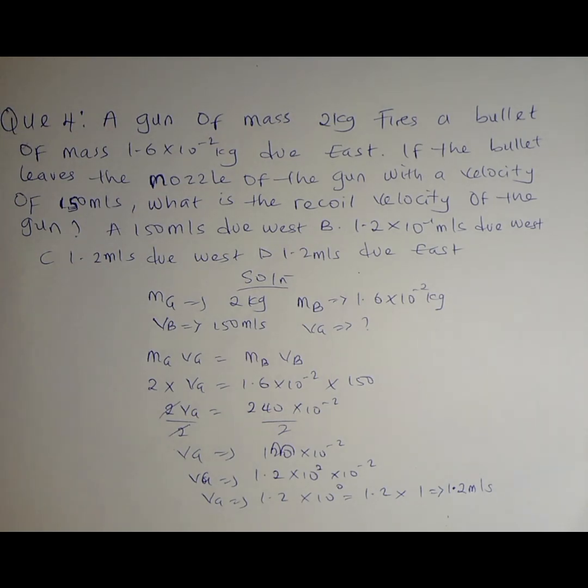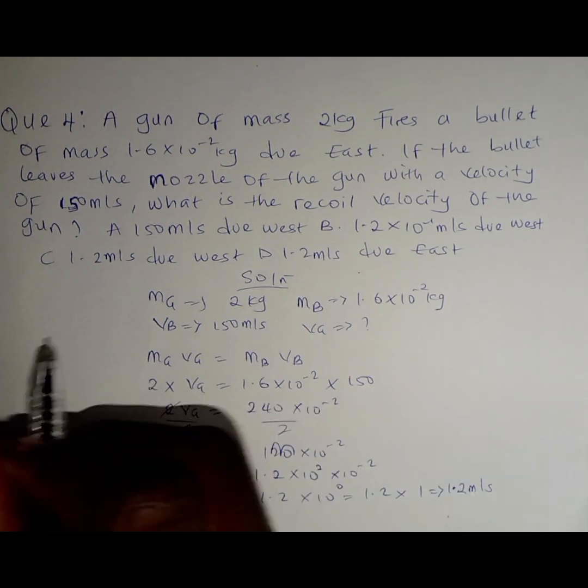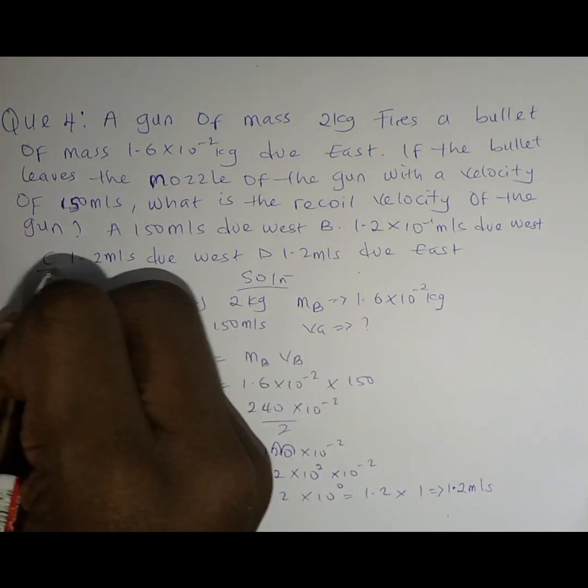So if somebody shoots a gun eastward, the ejection will be westward. The velocity of the gun will move you back, so it is the opposite of east, which is west. So when we are picking an answer, it is 1.2 meters per second due west.